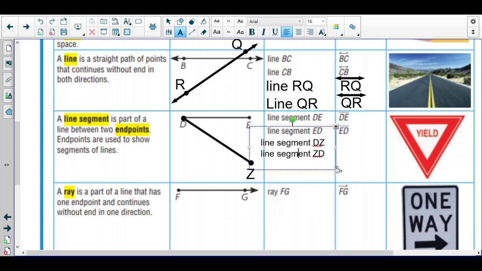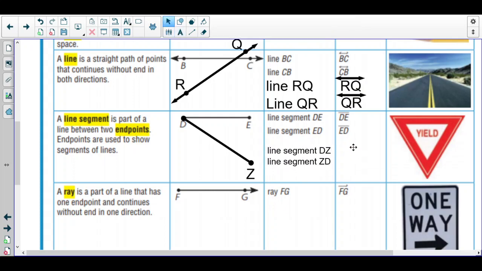And then if we were going to name them with these symbols over here, that would be DZ, also ZD, and all we would have is the line segment symbol above it, which is just a straight line, no arrows, no points, nothing like that.